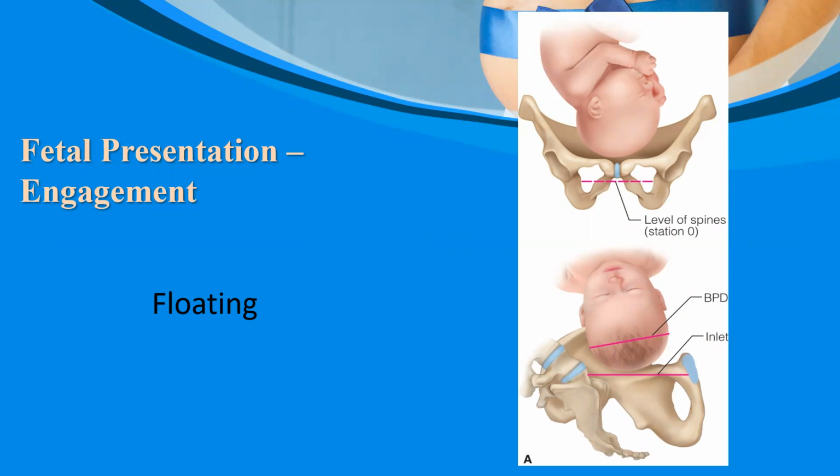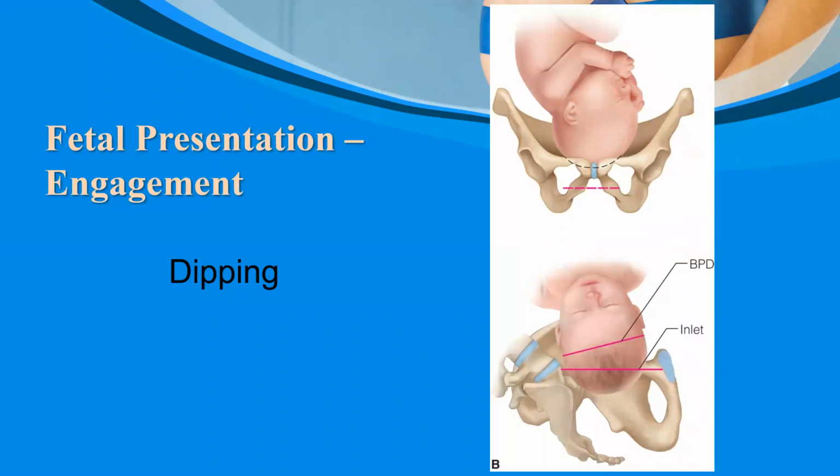In this presentation, when the baby is still able to float or be ballotable, cord prolapse is a possibility if the membranes rupture. Dipping is when the fetal head dips into the inlet but can be moved away by exerting pressure on the fetus.